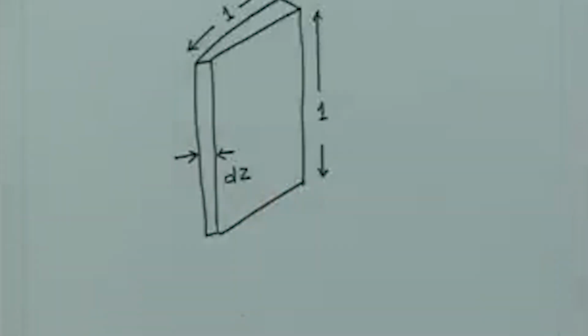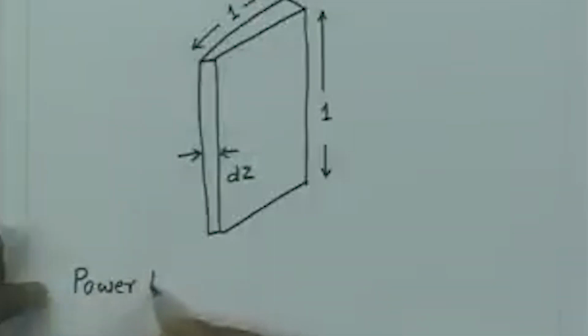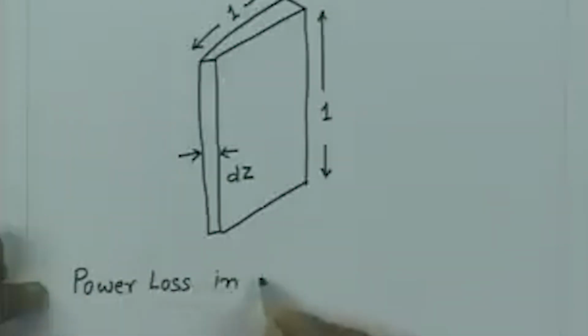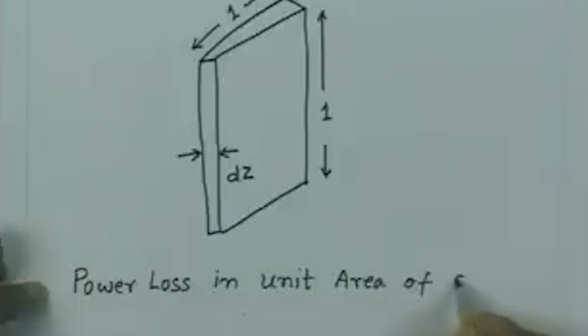On the surface of the conductor, I take a thin layer parallel to the surface, and since there is a finite conduction current density there, we can ask how much is the power loss in that thin sheet. If we integrate over the entire depth from the surface of the conductor, we will get the total power loss in the unit area of that conductor. So now let us find out the power loss in unit area of a conductor.